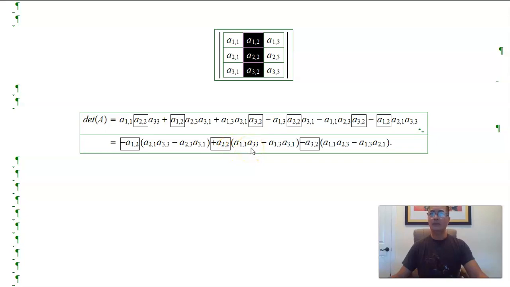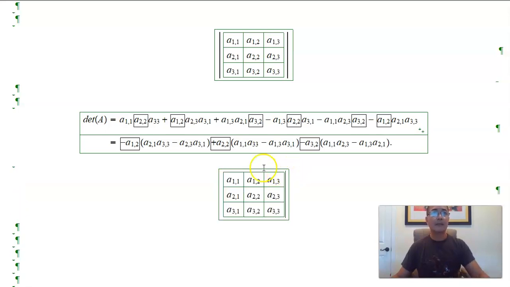Okay, so why is that a plus instead of a minus this time? Remember, it was the middle term that had a minus. Why is it now a plus? Well, let's look. A11, A33, left to right, minus A13, A31, right to left. Let's do the same thing we did in our last pair. A22 is right there in the middle.